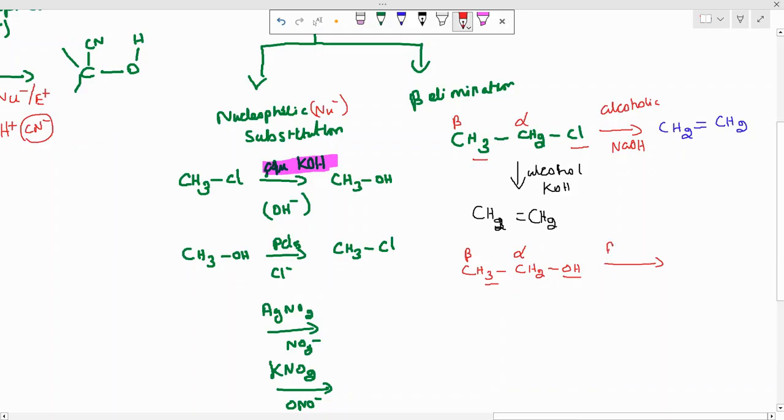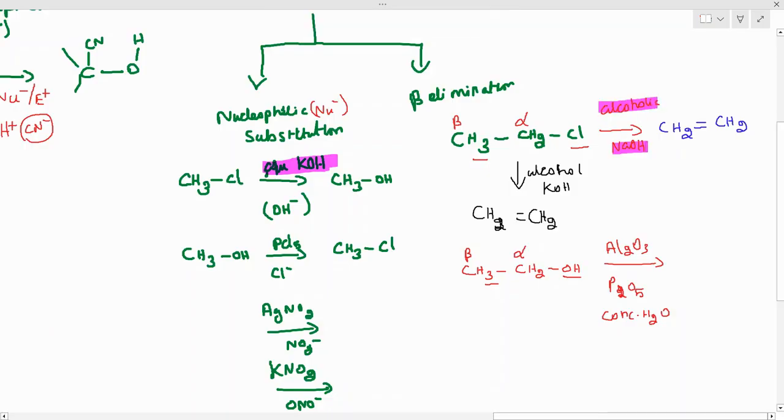To have this reaction, you can add Al2O3 or P2O5 or concentrated H2SO4, anything you can add. So these have limited reagents only, so you do not need to bother much about this beta elimination. But you should remember this, it is very, very important. Whenever you are adding alcoholic KOH or alcoholic NaOH, there will be beta elimination.